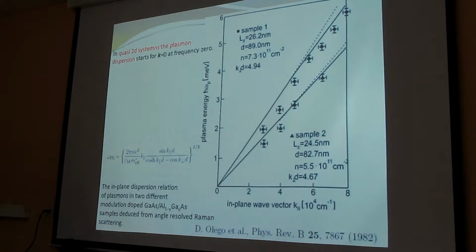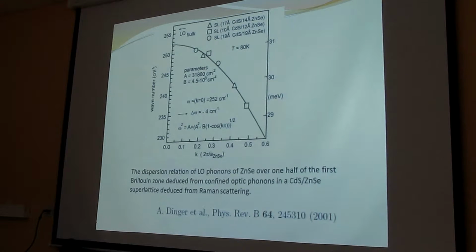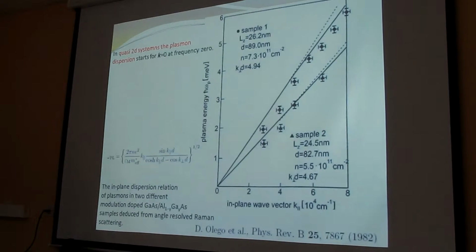And these are now, I think, from Raman scattering, the plasmon modes in a doped quantum well, and you see the dispersion relation here. Starts really at, for k equals 0 at frequency 0.